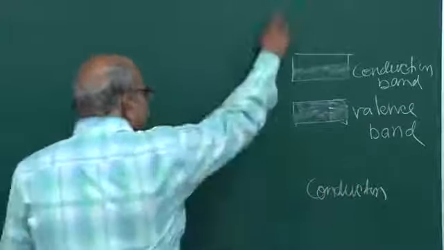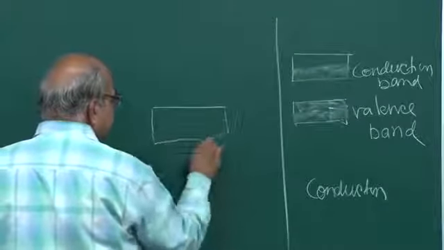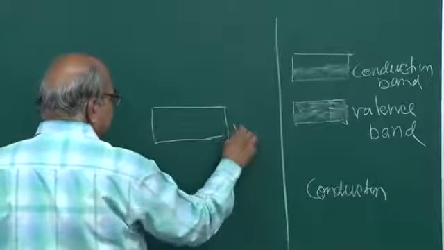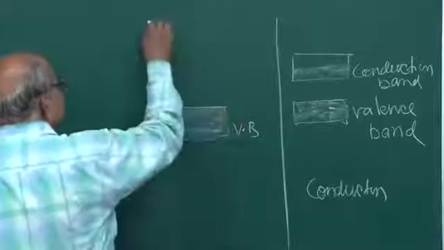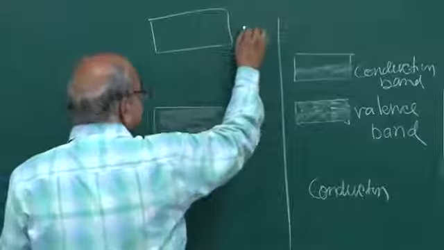Then you have another kind of material where you have a valence band. By definition it is completely filled, so this is completely filled. And then you have the conduction band, and this conduction band is completely empty.